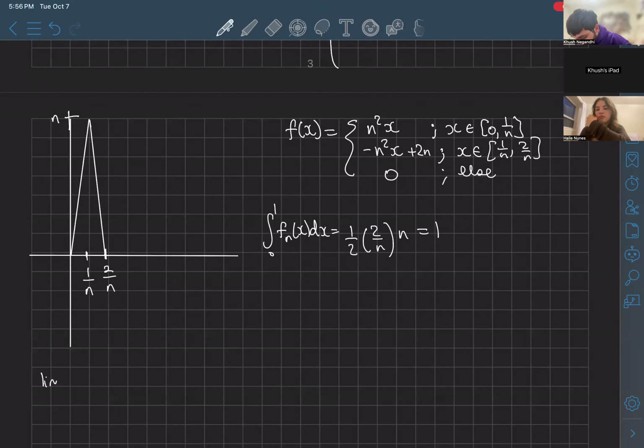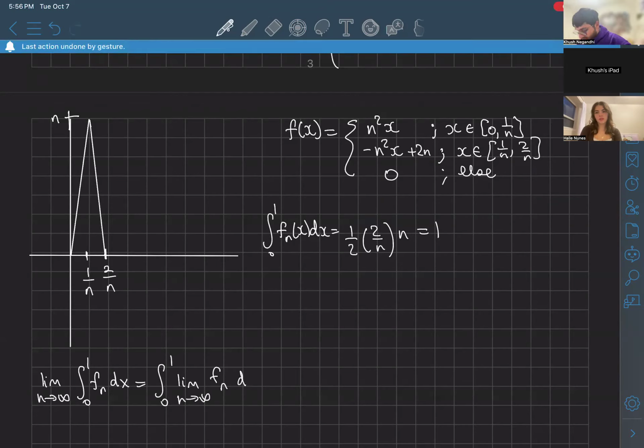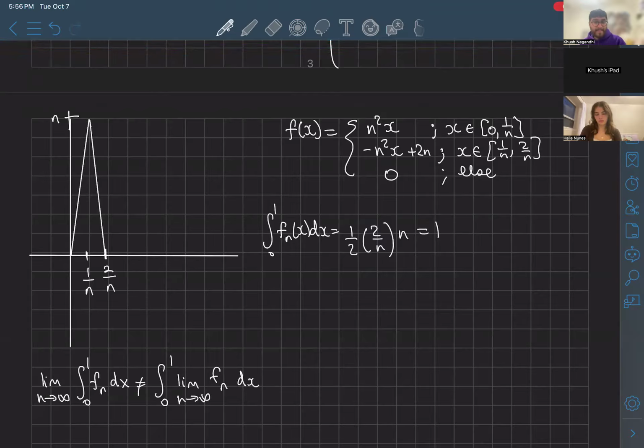So the limit as n goes to infinity of the integral from 0 to 1 of fn dx is not equal to the integral of the limit as n goes to infinity of fn dx. Okay. So this is one of the issues, right? The pointwise limit exists, and it still gives us something that's wrong.